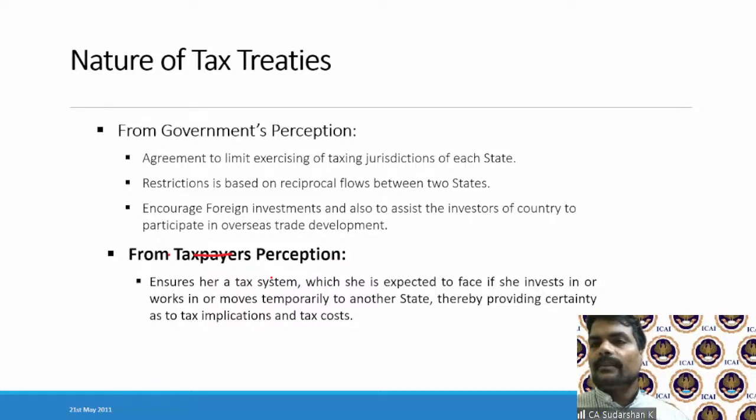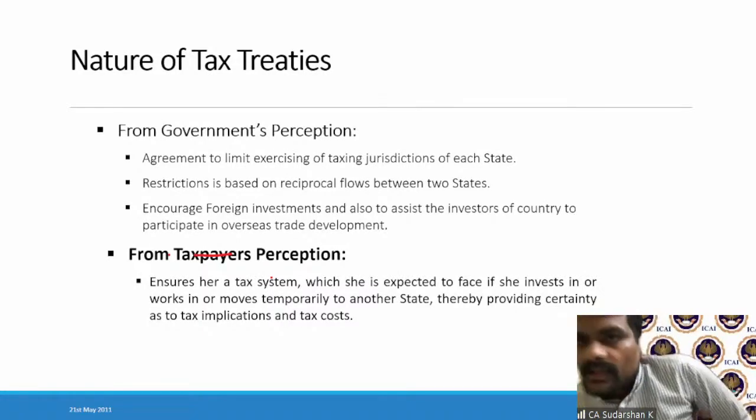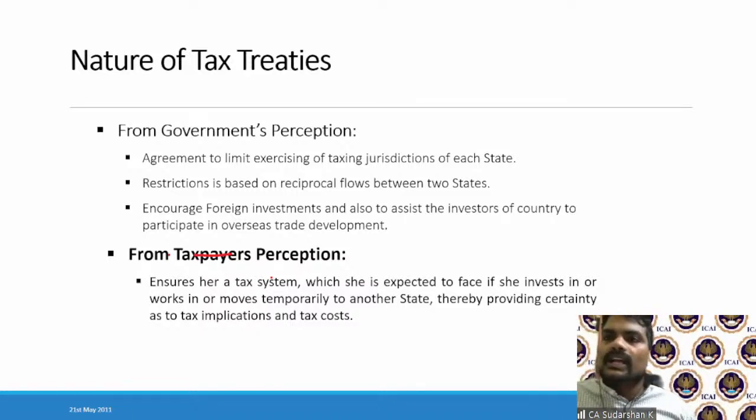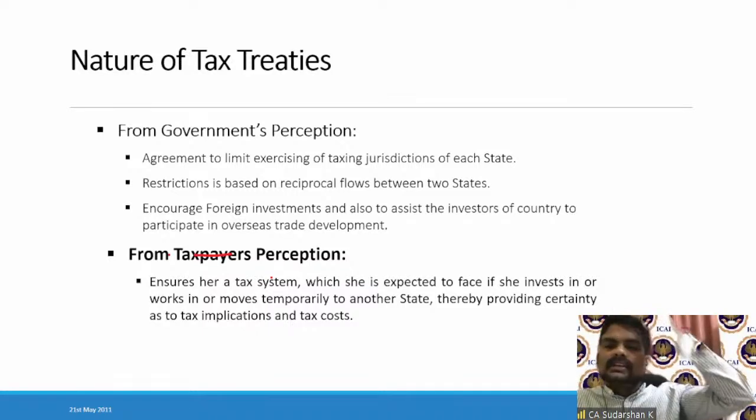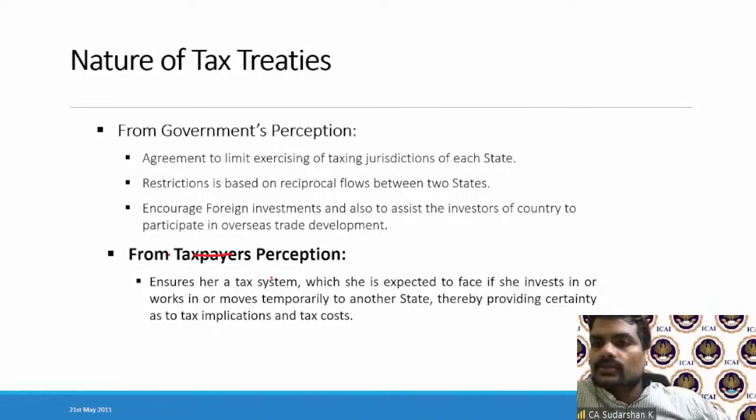Taxes are a major revenue source to build infrastructure, so it has a huge impact on the social fabric of the country. Therefore, governments have to be very mindful about it. By entering into a tax treaty, the governments will clearly come to an agreement as to how to go about relieving double taxation. How much will you tax? How much should I tax? How to go about all those things will be in the tax treaties.